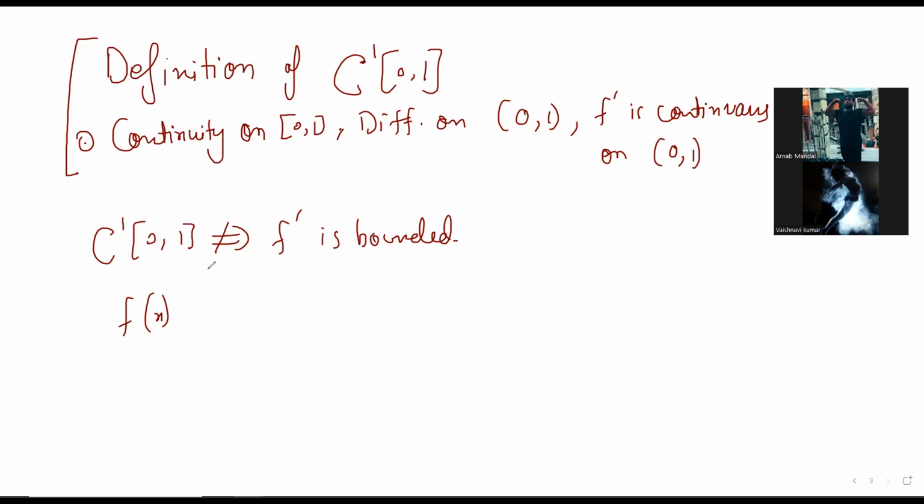It's a continuous function on closed 0 comma 1, differentiable on open 0 comma 1, but the f dash is not continuous.